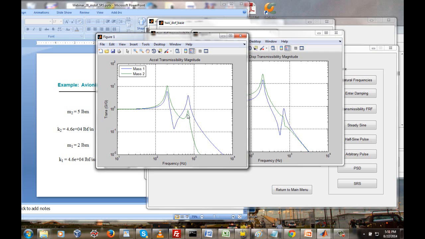Again, the way to verify that is the half-power bandwidth method, which we've done in previous units. So that's the acceleration transmissibility, and this is saying that if we excite the base, primarily it's the first mode that's going to be excited, but we do get some participation from the second mode as well.